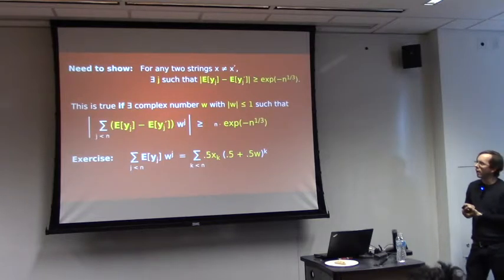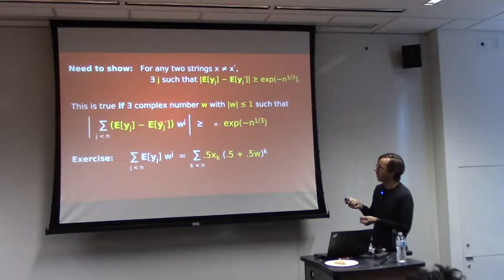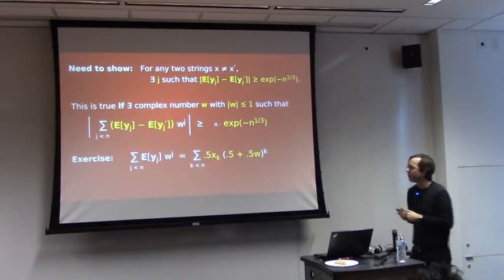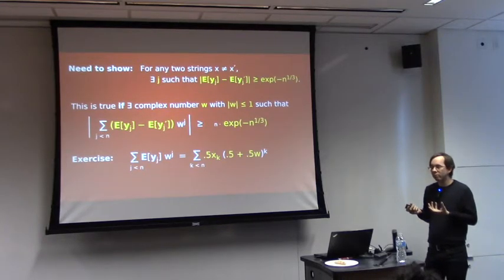All right, so this is the one last thing that I'm going to skip. This is an expression that looks like this expression, but ignore for a second where we were and just stare at this. If I asked you, given an unknown string x, what is expected value of yj? Well, you could write it down, right?